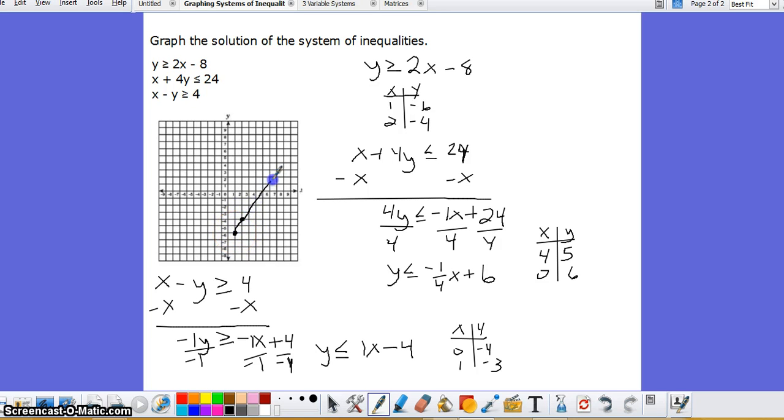So I got a solid line here. Then I have 4, 5 and 0, 6, another line going here. Then we have 0, negative 4 and 1, negative 3, and another one going right over here.